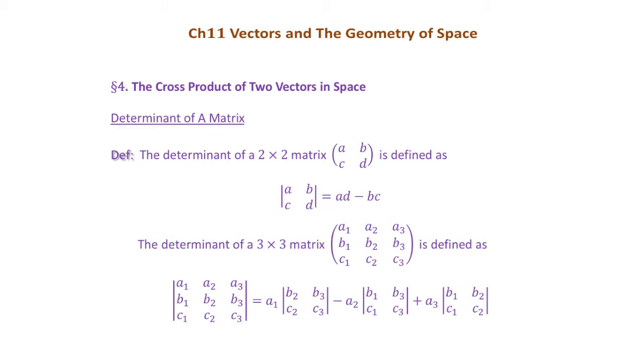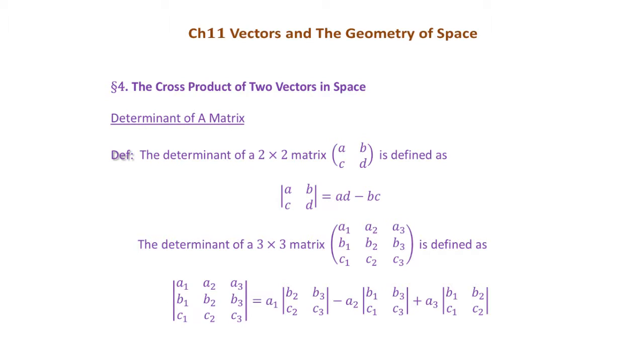Okay, so what is the determinant of this matrix? You again use the vertical bars to replace the parentheses of the matrix. You can find the determinant of this 3 by 3 matrix by expanding based on the first row, for example, in here.